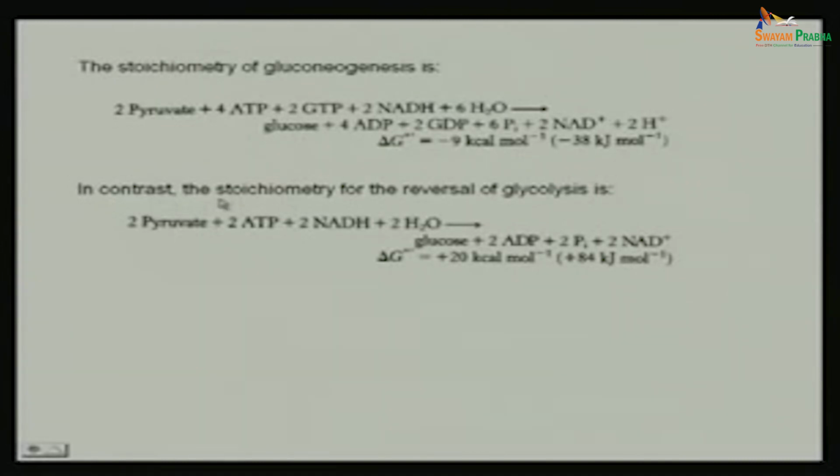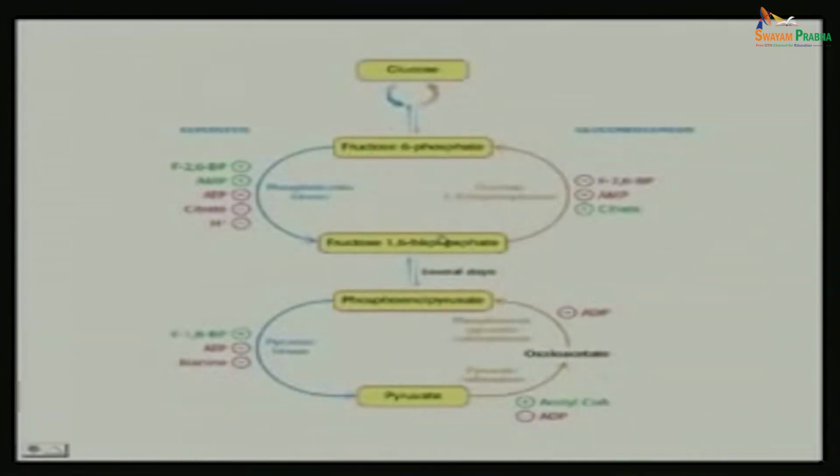In contrast, the stoichiometry of the simple reversal of glycolysis is a thermodynamically unfavorable reaction, where delta G is positive 84 kilojoule per mole. So, here also pyruvate is getting converted to glucose. These are some of the differences between gluconeogenesis and the glycolytic process.